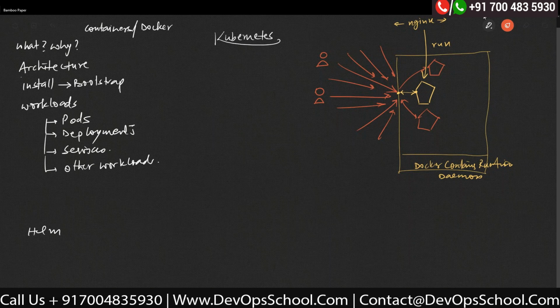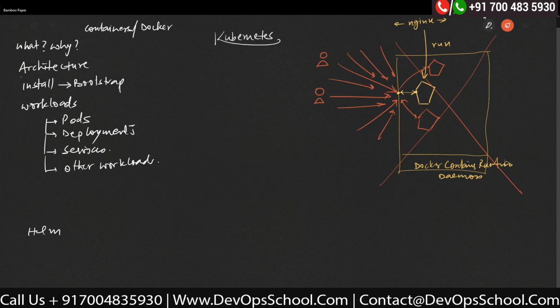Also, a worst case scenario: imagine this whole node or whole system crashes, then everything is gone. You have to set up another machine, install Docker, run your containers, run the commands, and then see how it goes.